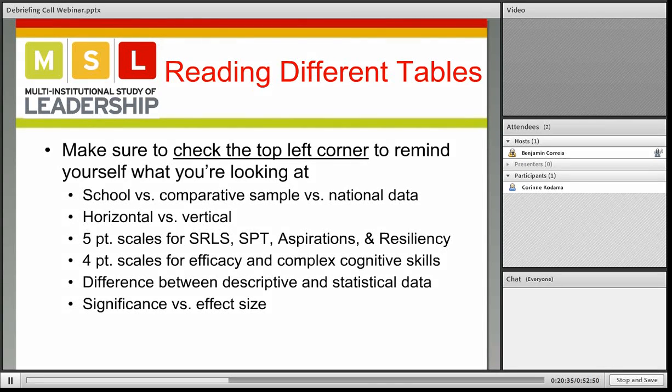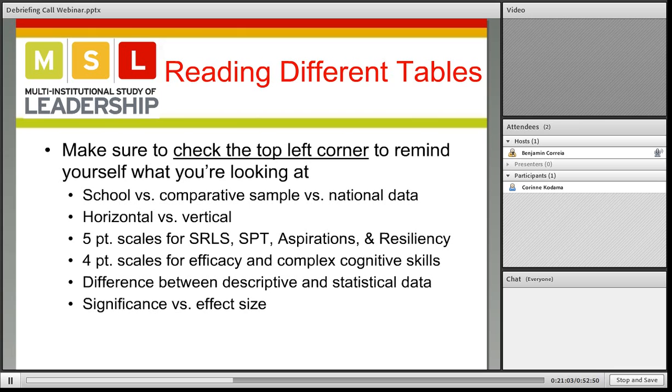We have pointed that out as much as possible throughout the report, but it's something to keep in mind. We didn't do that on purpose to confuse you. These were pre-developed scales, and to maintain their robustness and validity, we use them as they were designed to be used. That is why they are as they are. We realize that can be a little confusing for some people.